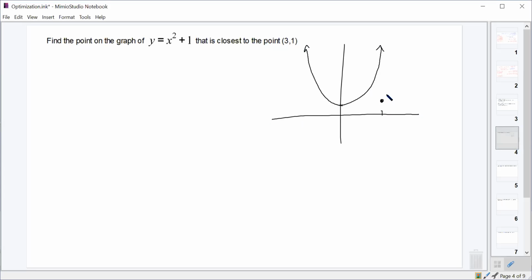All right, 3, 1, we'll call this, let's see, 1, 2, 3, 1. 3, 1 is not a point on our parabola, right? But some point on our parabola, y equals x squared plus 1, is closer than every other point on the parabola to that point. So we are trying to figure out what is at a minimum.